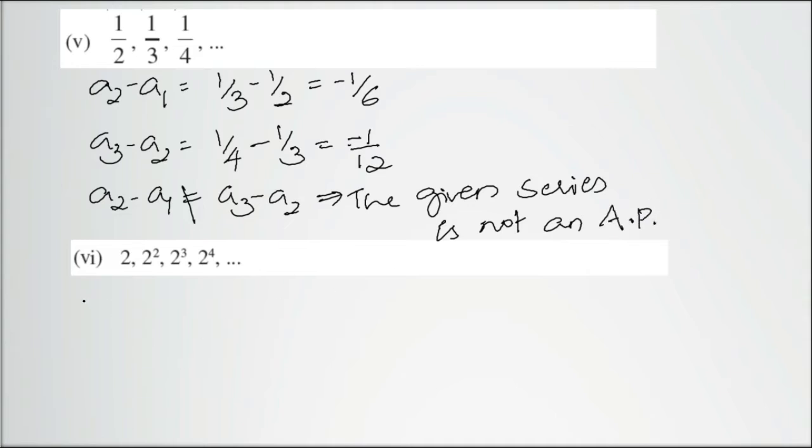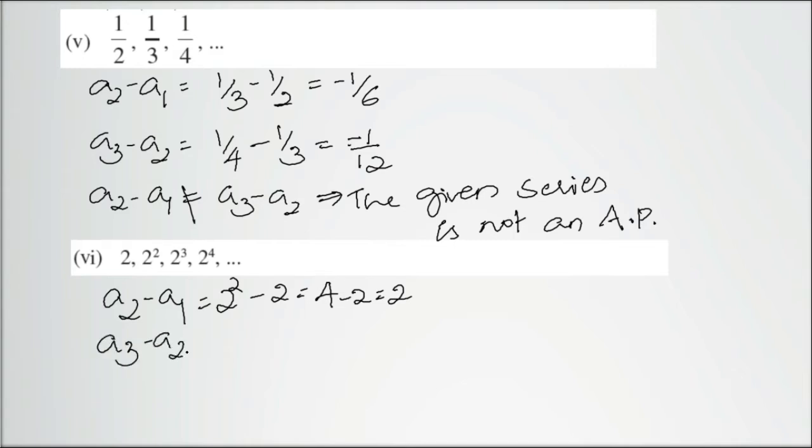Let's look at the sixth one. 2 square is 4. 2 cube is 8. 2 raised to the power 4 is 16. What is a2 minus a1? Is 2 square minus 2? It's nothing but 4 minus 2 equal to 2. a3 minus a2 is 2 cube minus 2 square, 8 minus 4, which will be 4.